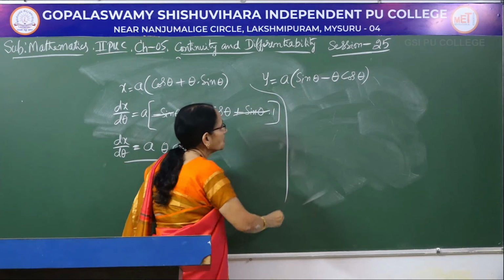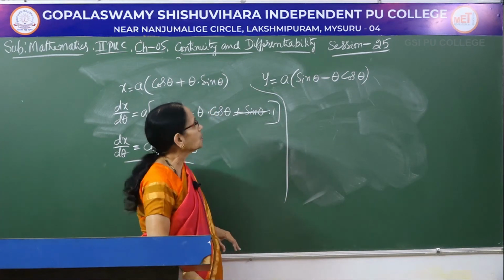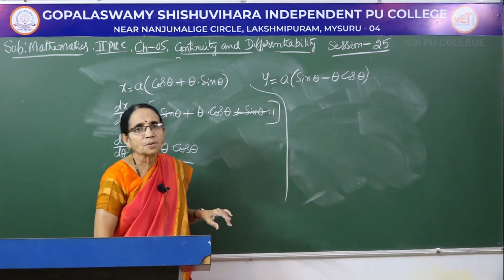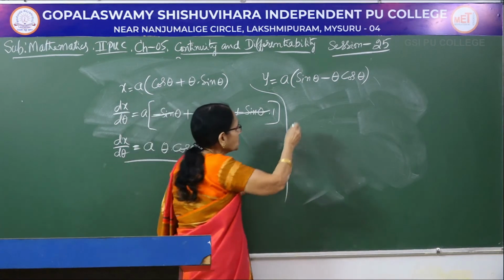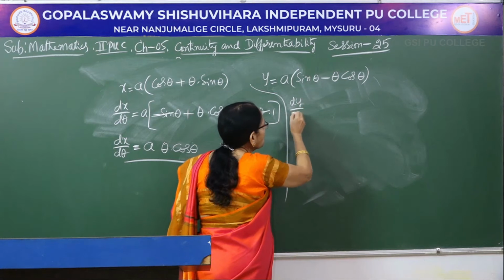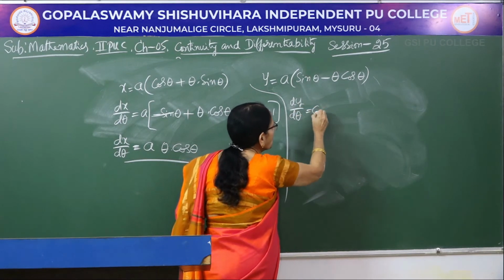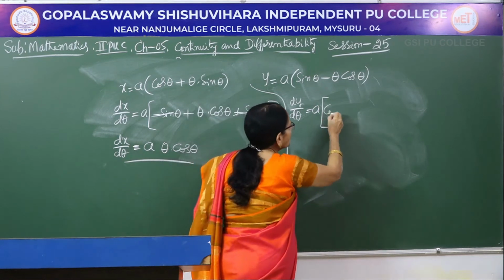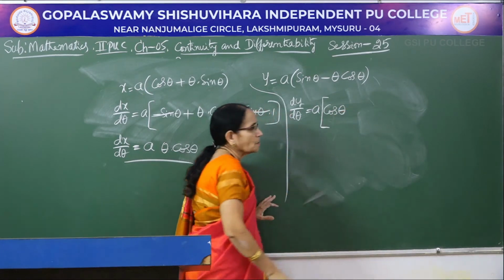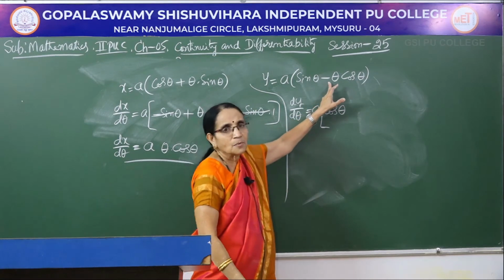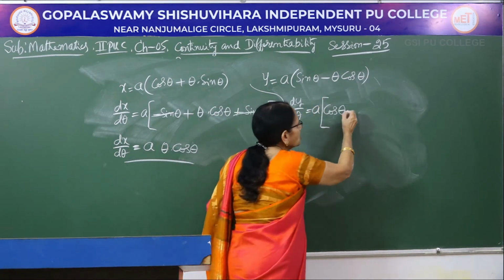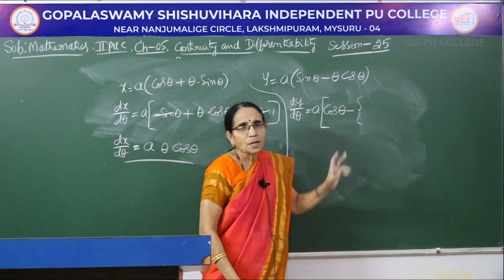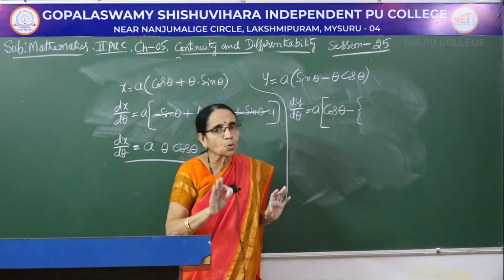Now, come to the other part. Here y is equal to a into sin theta minus theta cos theta. The same procedure, dy by d theta equals a into sin theta has the derivative cos theta. See here I am having a minus sign, so use another bracket, because when you apply the product rule, as you know, you will be getting two terms.